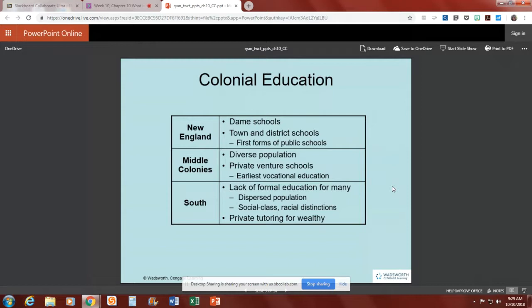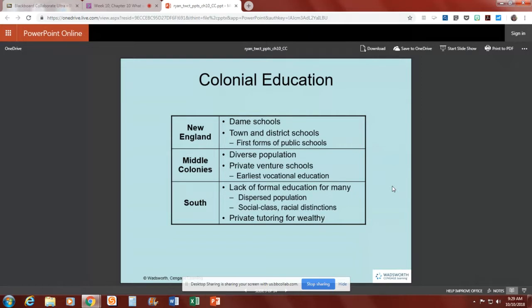So for New England, we had the dame schools. In dame schools, girls would learn basic household skills such as cooking and sewing, and then a little bit of reading, writing, some basic prayers, and religious beliefs. These dame schools often provided the only formal education that many of these children, especially the females, would receive.